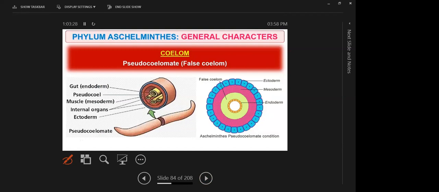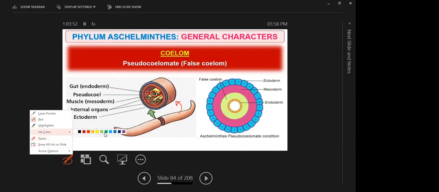Why do you call them pseudocoelomate? Ma'am, because of the pouches. Can you see the pouches there? Yes, pseudocoelom pouches. Can you see here in this cross section cut end? This is a beautiful picture. This slide is exceptionally good, isn't it? Yes.